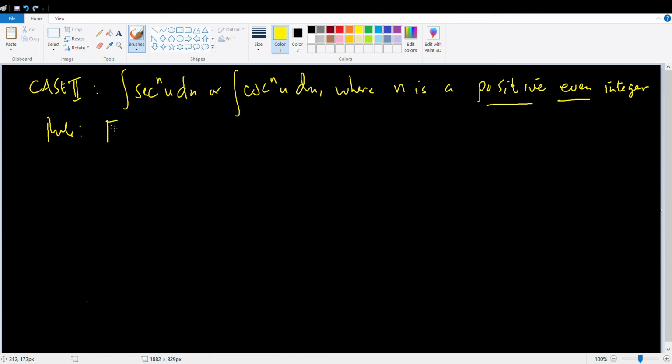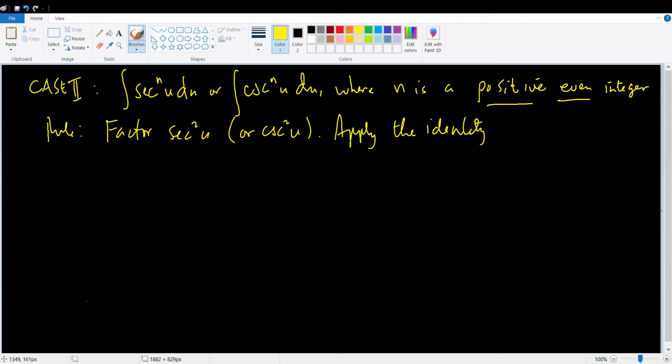So the rule is to factor secant squared u, or in the case of cosecant to the n, factor cosecant squared u, and apply the identity 1 plus tangent squared u equal to secant squared u, and 1 plus cotangent squared u equal to cosecant squared u to the other factor.